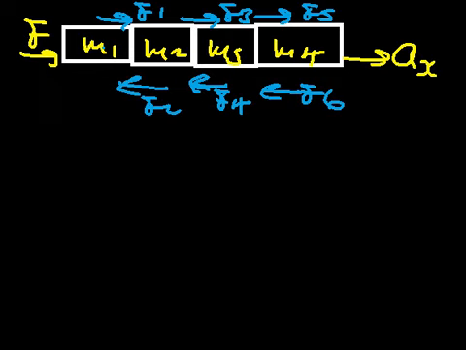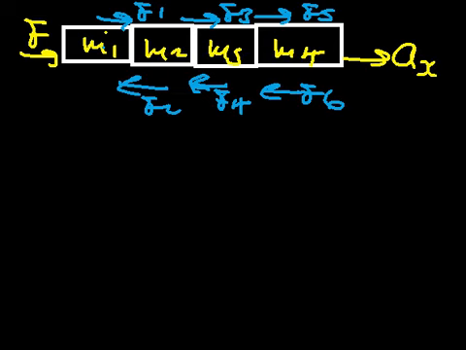So what is the contact force between M1 and M2? That is the contact force between the two objects here. The contact force, or the reaction force, that M1 experiences will be due to the influence of the rest of the masses.